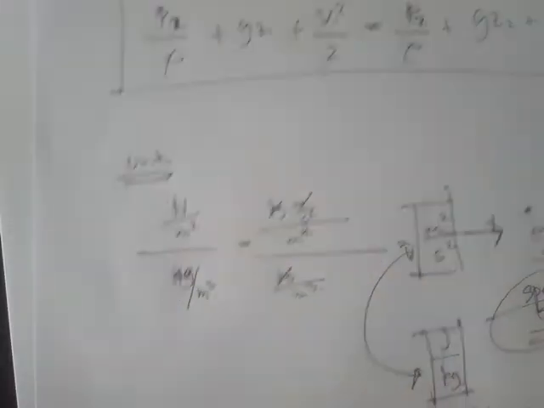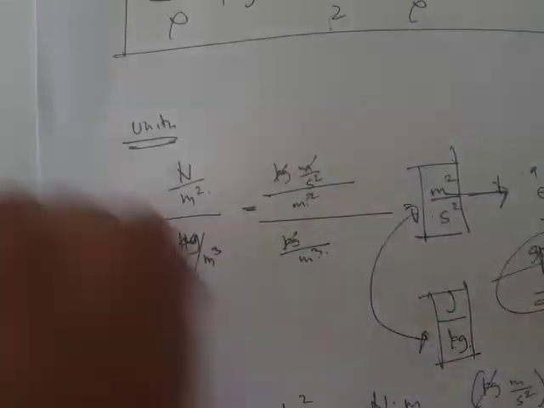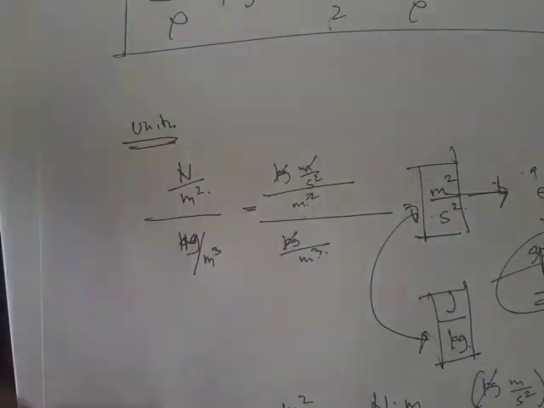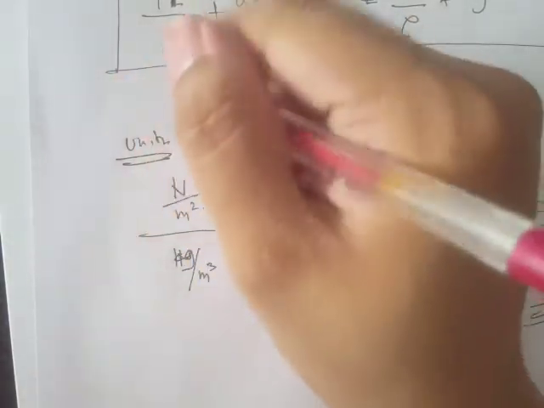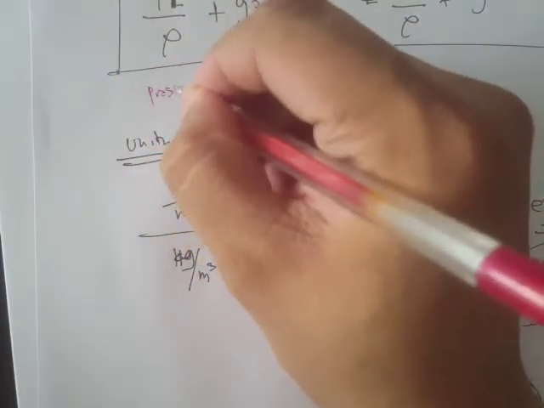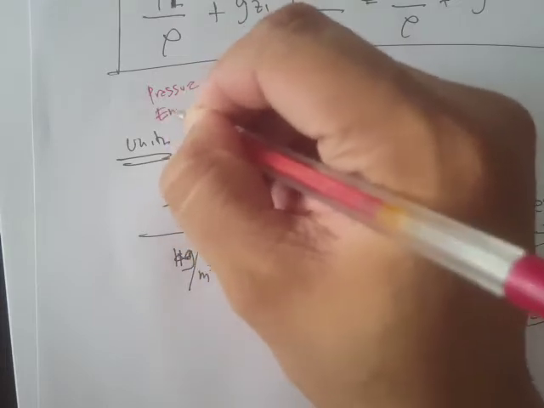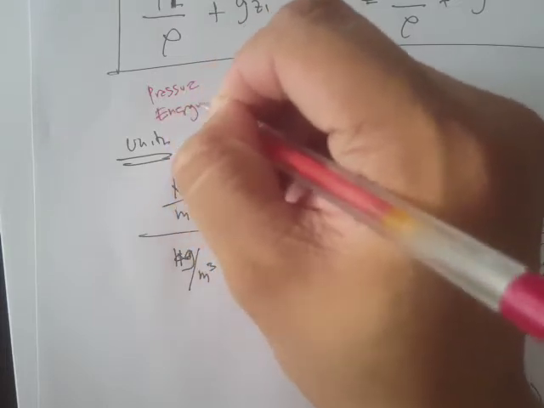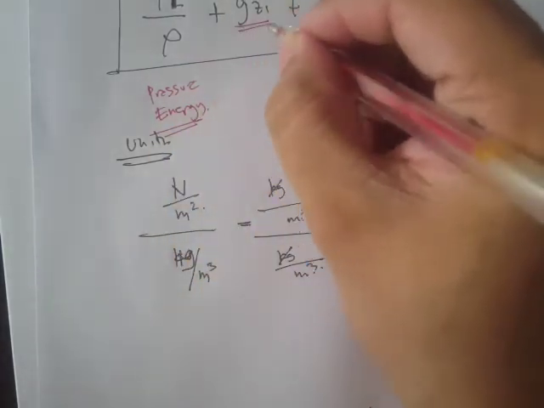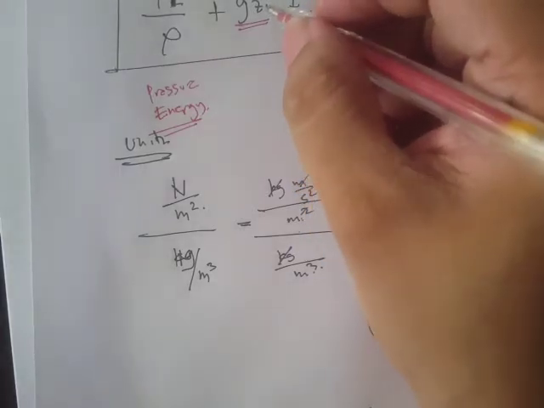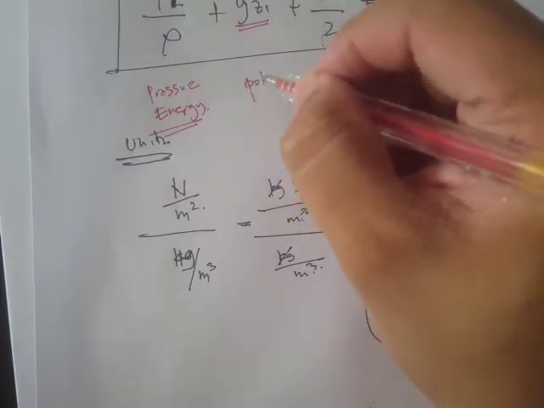So now let's discuss the different terms. Now, this one we can call a pressure energy, because it's the energy related to the pressure. Then this one is actually the potential energy.